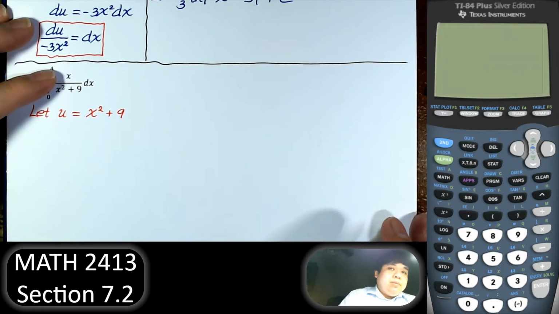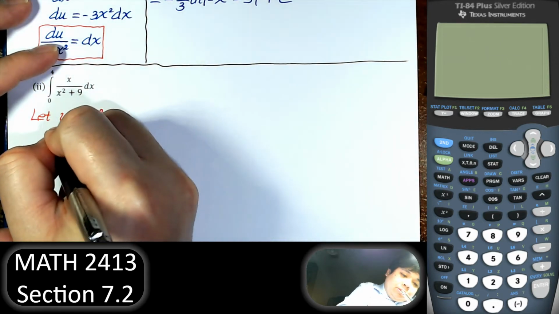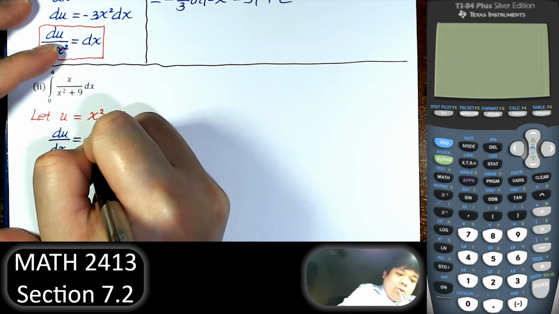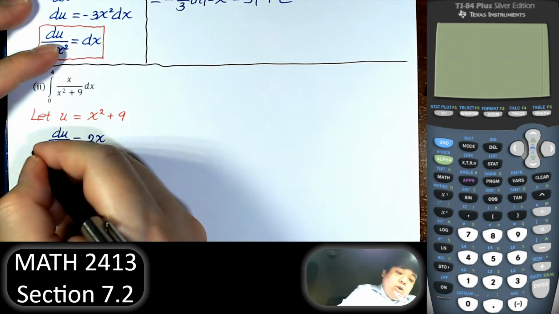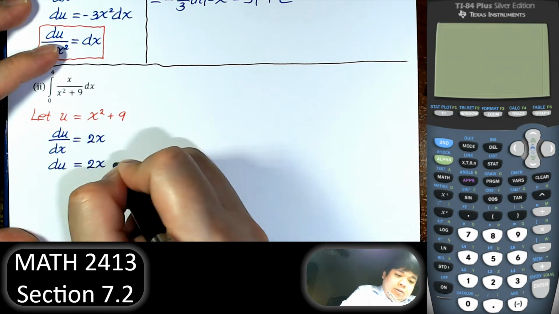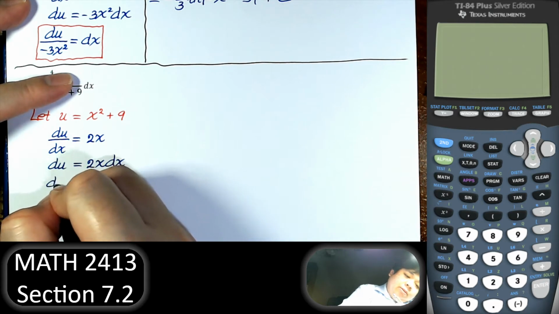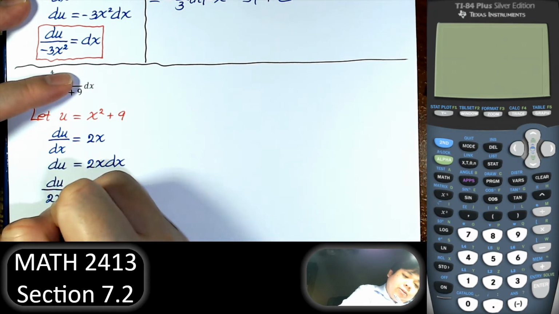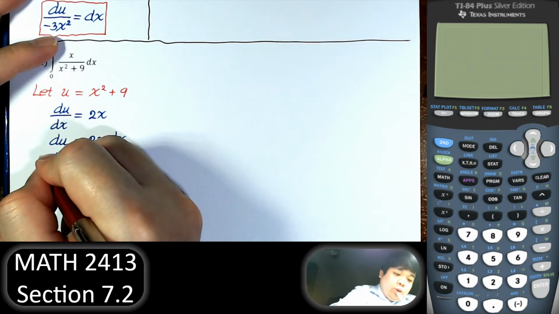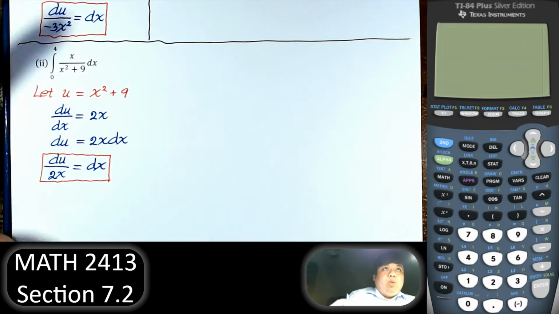We take the derivative to solve for dx. The derivative is 2x. Move the dx over, and then divide by the 2x. For the proper substitution, we need to have dx and we need to have u, which we do have.